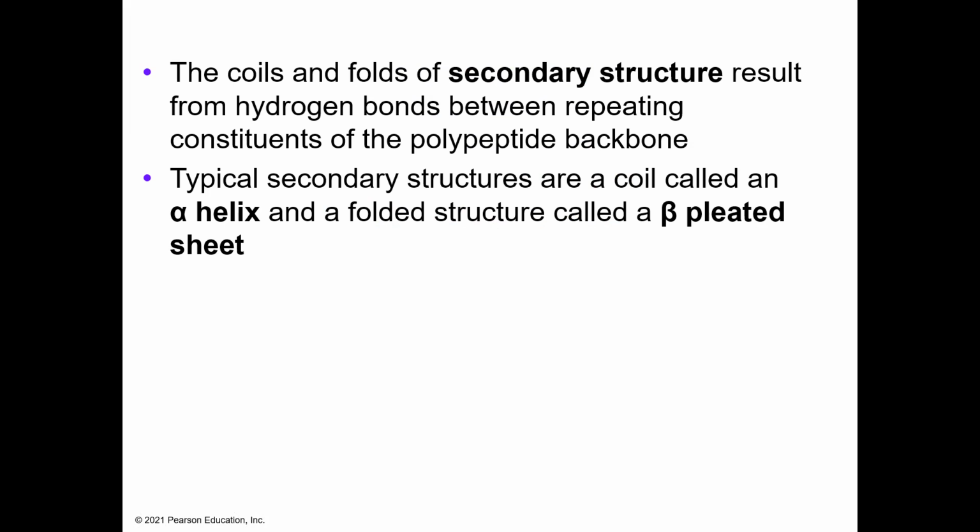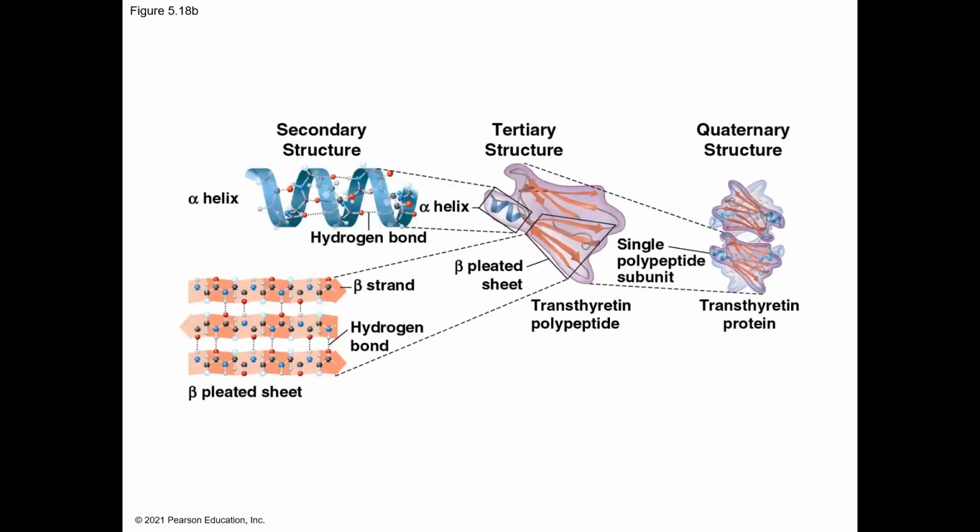These secondary structures result from hydrogen bonds between the backbones of the polypeptides of the amino acids. So typical secondary structures are a coil called an alpha helix or a folded structure called a beta pleated sheet. And this is showing you how these look. So in secondary structures, you can have an alpha helix.